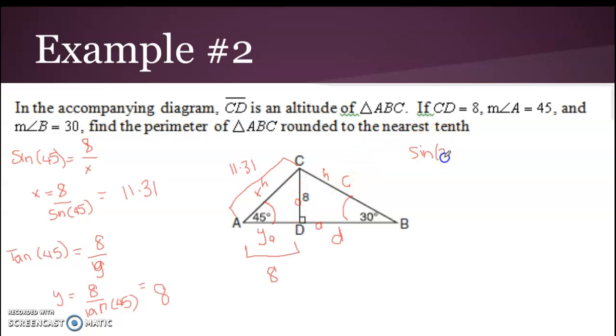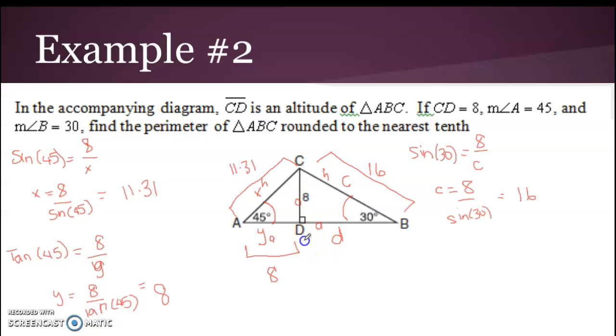Sine of 30 is equal to opposite over hypotenuse. I'm going to divide again. 8 divided by sine of 30, I get 16. So I'm telling you that this piece is 16.